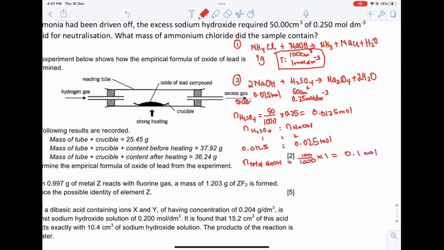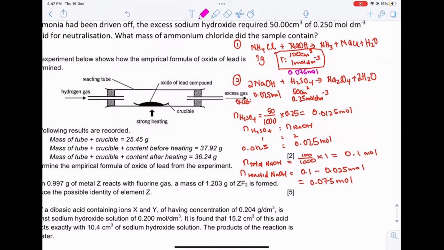So number of moles of NaOH that have reacted equals the total 0.1 mole minus away the excess 0.025 mole. So the amount that has reacted will be 0.075. Okay, so that would be, if I change color, 0.075 mole of NaOH reacted.